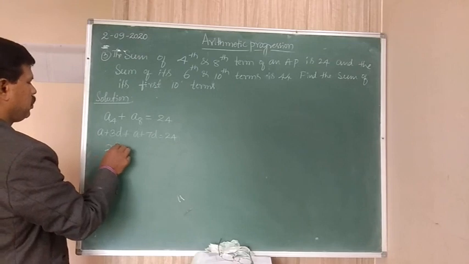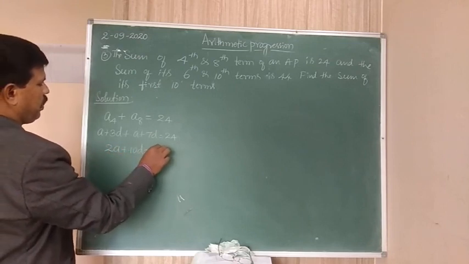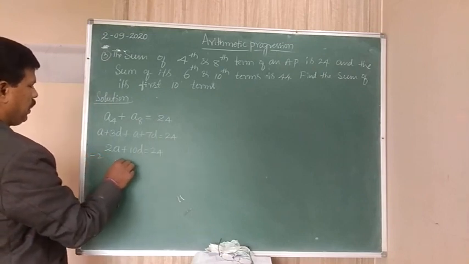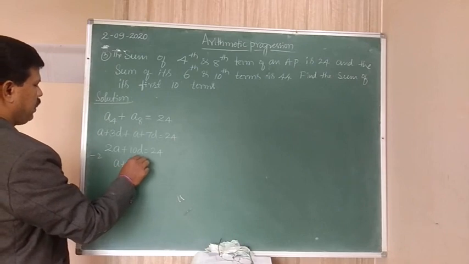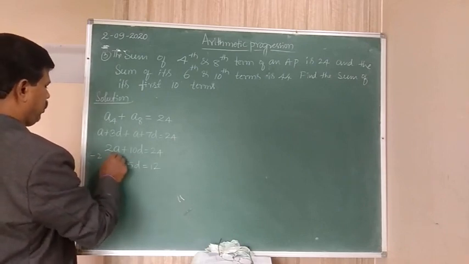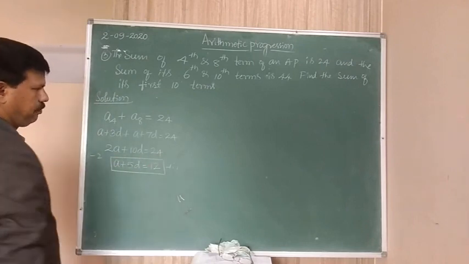Then it becomes 2A plus 10D is equal to 24. Then dividing by 2, we will get A plus 5D is equal to 12. So equation 1.